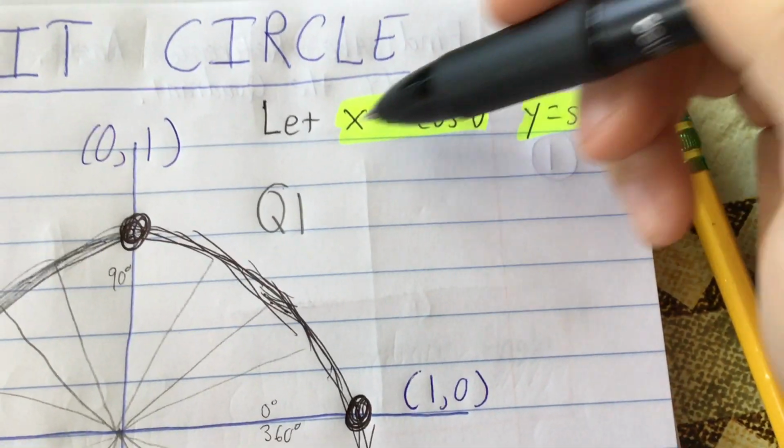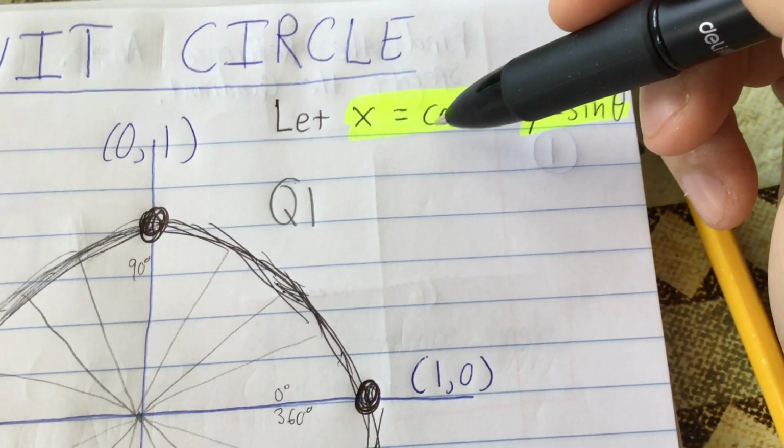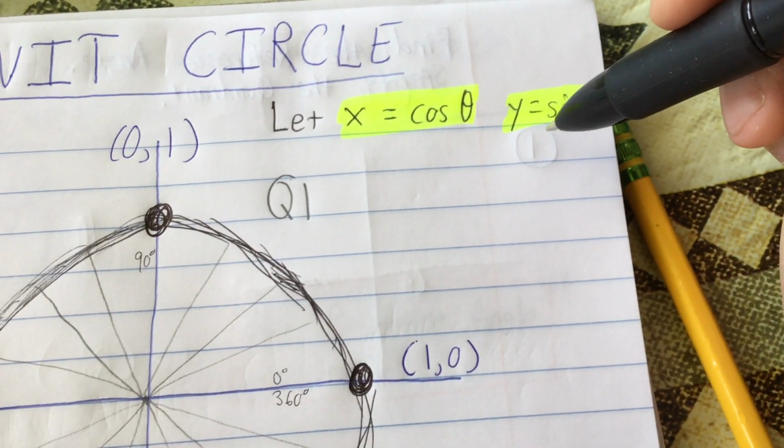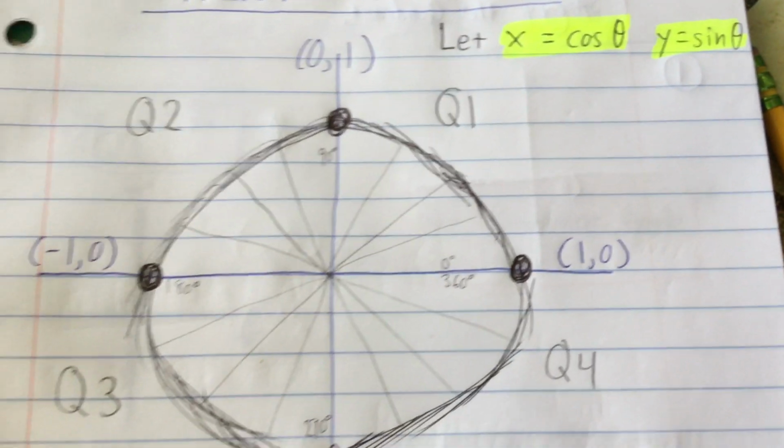So we have the x being the cosine of the terminal point, and the y being the sine of the terminal point.